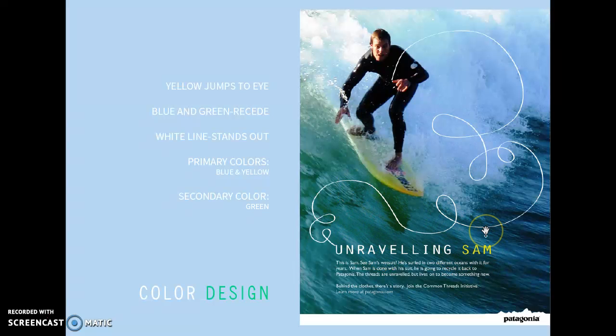That blue and green recede out of the picture. You don't notice it as much as the yellow that jumps to the eye. And also, this white squiggly line definitely stands out. The primary colors in this ad are the blue and the yellow, and then the secondary is the green water that you see up here.